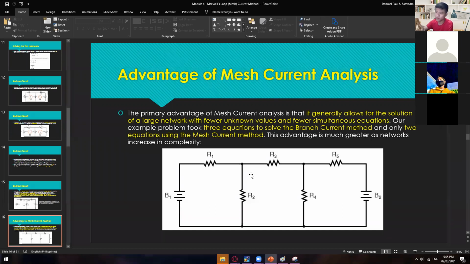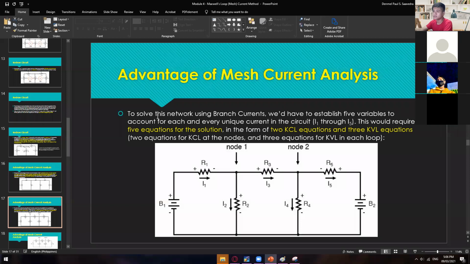However, if it's 4 or 5 or 6 equations already, then it's not advisable to use Kirchhoff's law. You can still use it and you will still get the correct answer. However, it will take you longer than if you apply the mesh current analysis.